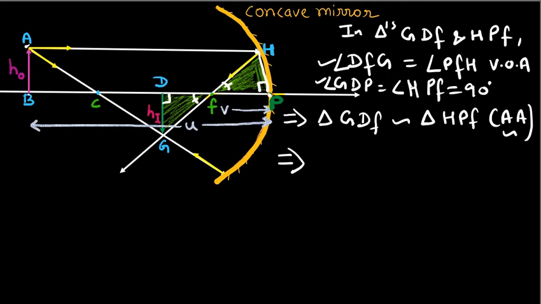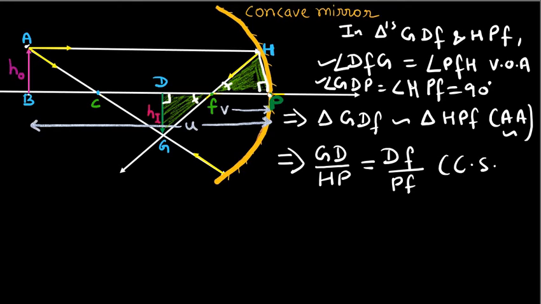We will consider the corresponding parts as GD of one triangle, GDF, divided by HP of the other triangle, is equal to DF by PF. This is by corresponding sides of similar triangles which are proportional.